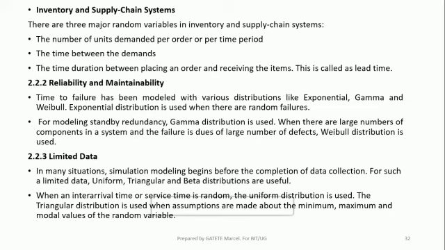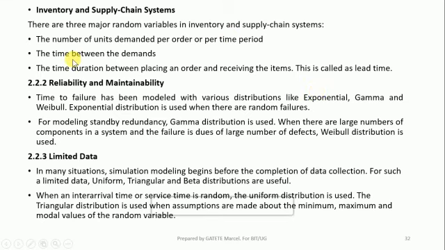We can calculate the number of units ordered per order number one, or we can calculate the number of units which have been demanded in the last 30 days. So here it will be per time period.